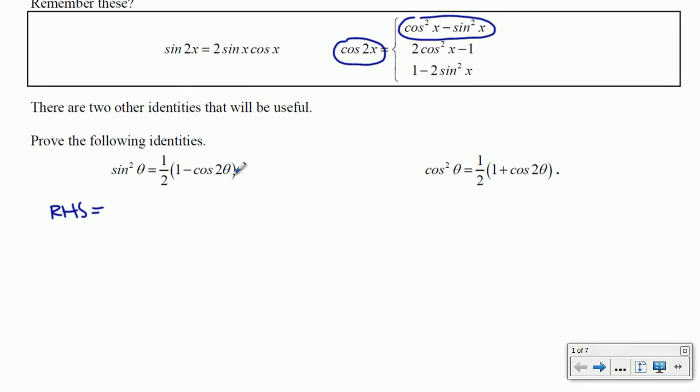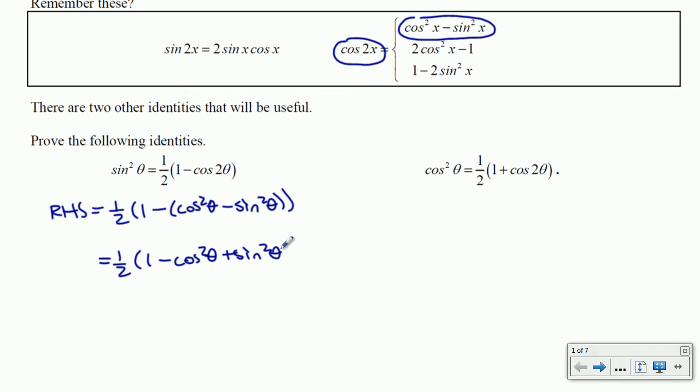So the right hand side of this equation will become 1/2 (1 minus (cos squared theta minus sine squared theta)). And we can rewrite the stuff in the brackets, so that would be 1/2 (1 minus cos squared theta plus sine squared theta). And knowing that cos squared theta plus sine squared theta is equal to 1, we can substitute 1 minus cos squared theta.